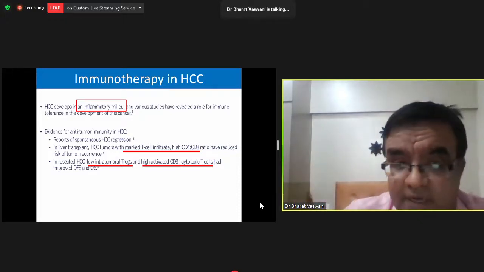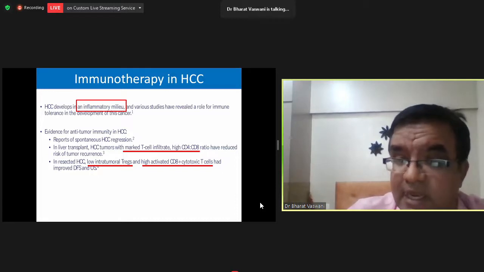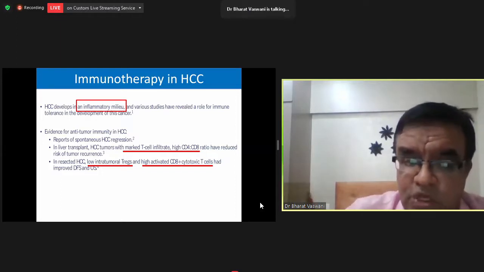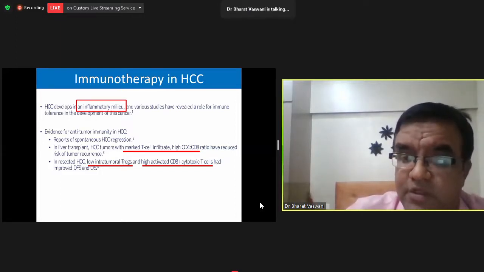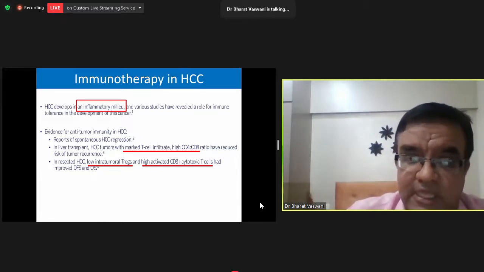Post-liver transplant, tumors with a marked T-cell infiltrate and a high CD4 to CD8 ratio have reduced risk of recurrence. Similarly, once you resect your HCC, those tumors with high activated CD8 positive cells have improved disease-free survival and OS. So definitely immunotherapy is the most important thing, and the thing which will stay in the future in HCC.